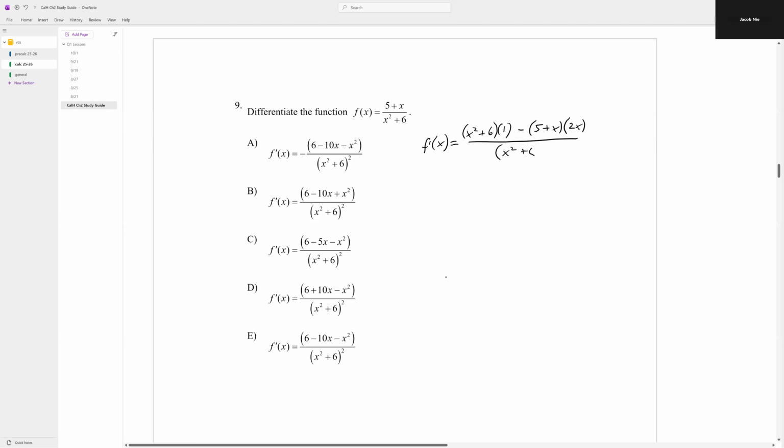So to simplify this, we're going to have to expand the numerator. We'll be left with x squared plus x minus, let's expand this in a big parentheses first to not get confused with the minus signs, minus 10x plus 2x squared. Again, all over x squared plus 6 squared, which we're not going to expand. That's not going to simplify very much. Now we're going to distribute the minus sign across the parentheses here.